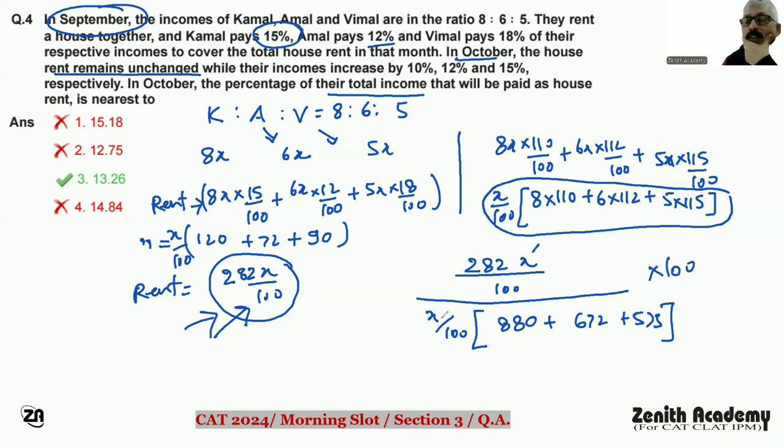Okay, this x by 100 cancels, and now it is 282 divided by 2127, into 100. This is your answer.